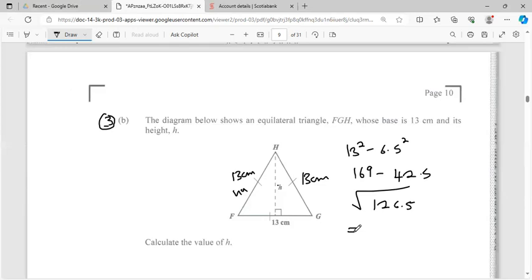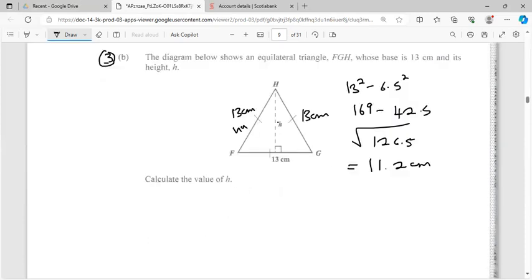Alright, so it's 11.24. So let's put 11.2. It didn't say what decimal place, please. Whatever. Alright, so that's that, and that was worth 2 marks.